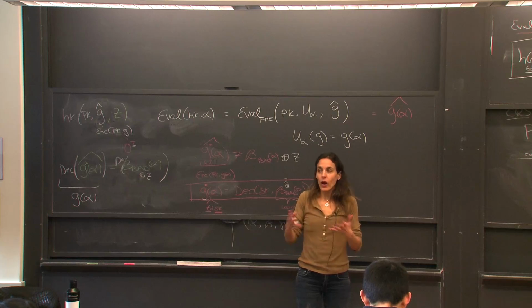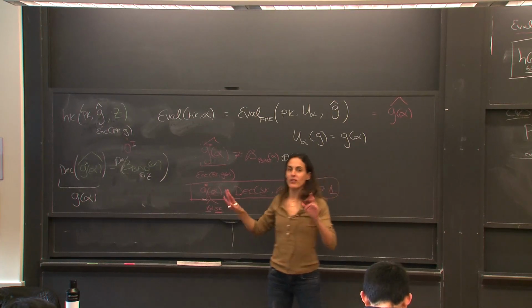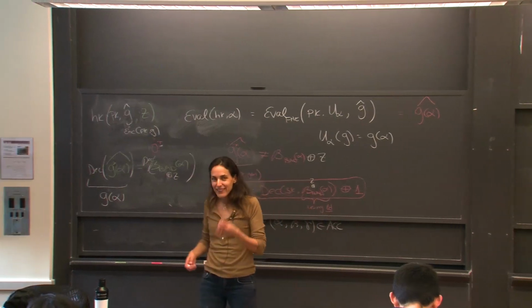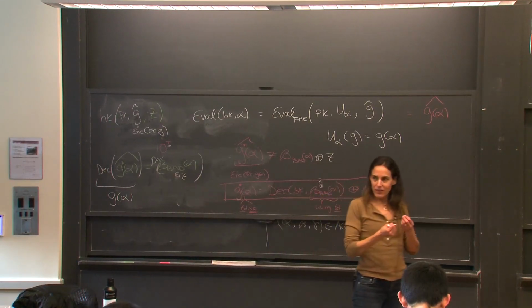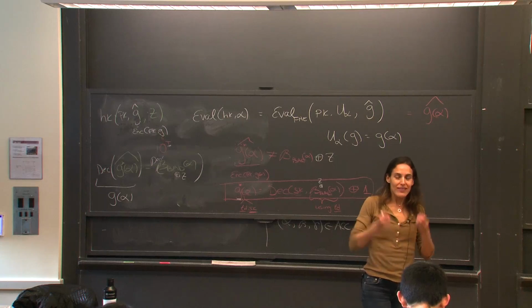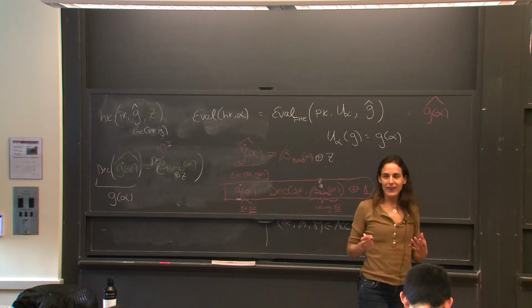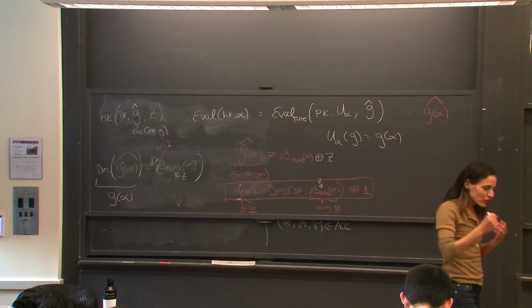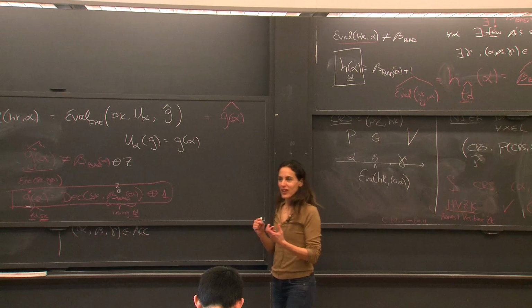Okay, but I don't know how to simulate. But because I could do it, I could simulate. So the fact that I had the freedom to program the hash key, that's what allowed me to simulate. And that's what broke the tension between Fiat-Shamir and zero knowledge.